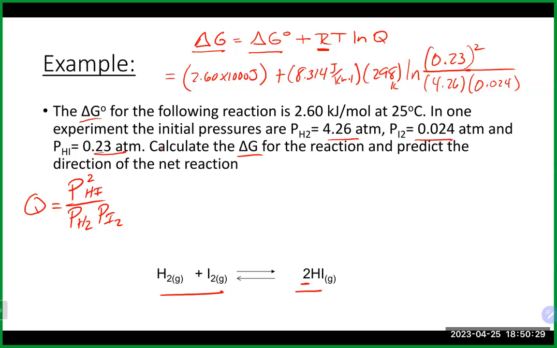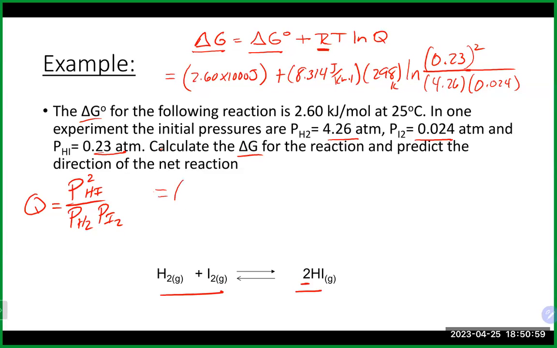All right, I'm going to start on the right-hand side there. We're going to do 0.23, square it, divide it by 4.26, and divide it by 0.024. That gives us about 0.517. We're going to take the natural log of that, which gives us minus 0.6589. We're going to multiply it by 298, and again by 8.314. I'm going to stop multiplying at that point.